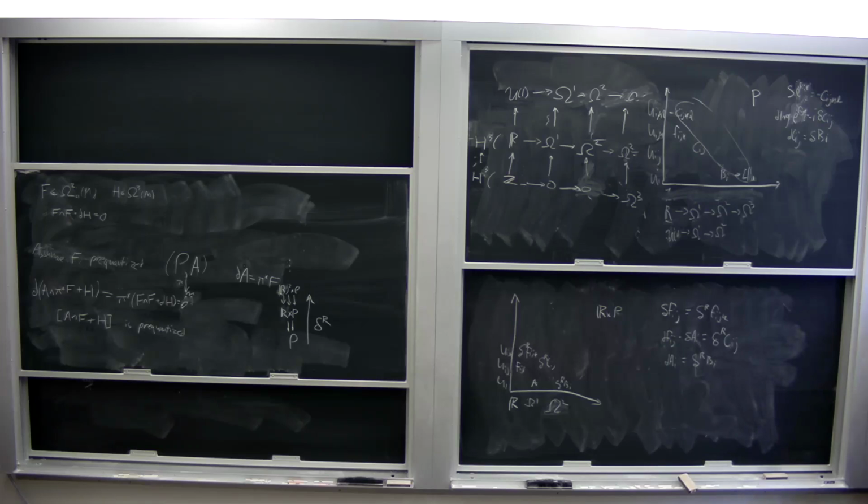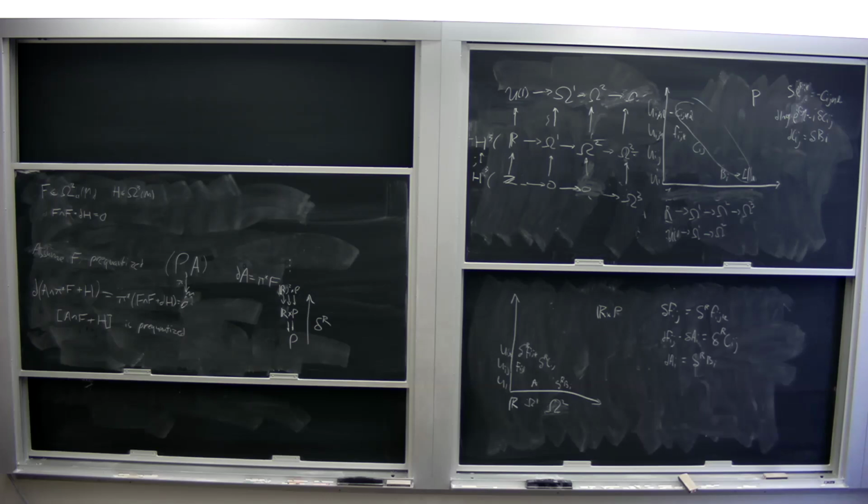So R omega 1 there, and then U_i, U_ij. And this is on the R cross P level. And I'll say I have a lambda_i there, so that delta of lambda_i is delta_R of f_ij, and d lambda_i is delta_R of a.